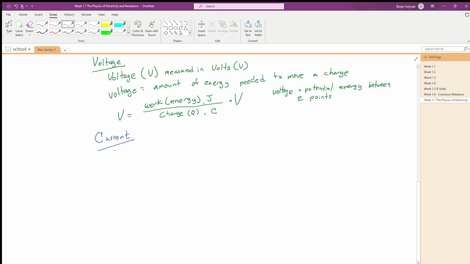So current is designated as a capital I, and it's measured in amps, which is a capital A. So current, when we break it down, is the physical movement of the electrons, or the number of electrons moving past a point per second.